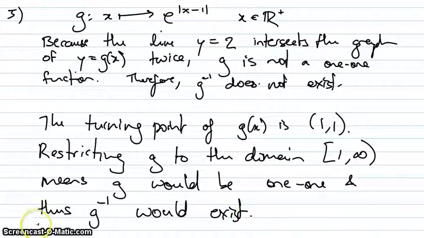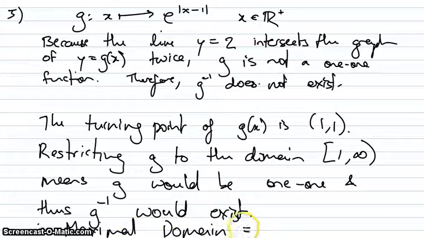Therefore, the maximal domain equals (1, infinity). And that brings us to the end of question 5.